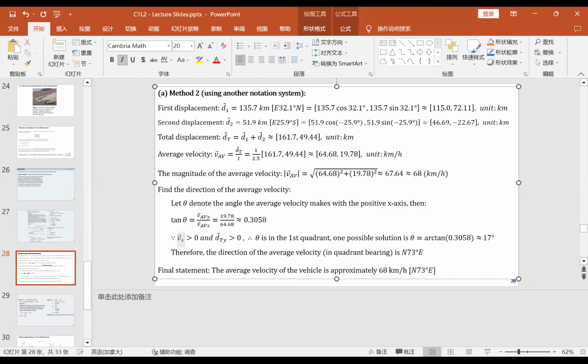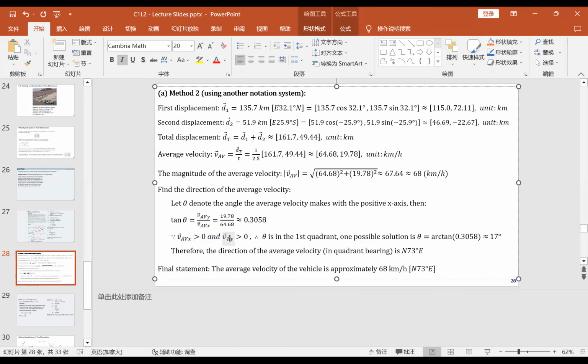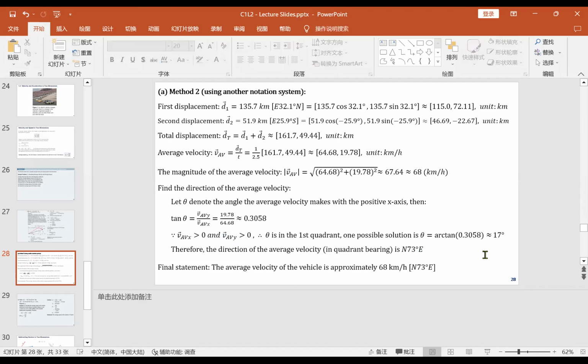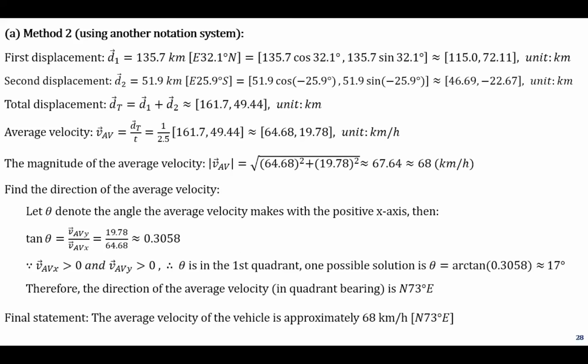So here we are using V_avx, which means the x component of average velocity, and change this to V average velocity in the y axis. Okay, this seems clearer. All right, so we know tangent theta equals approximately 0.3058, right?